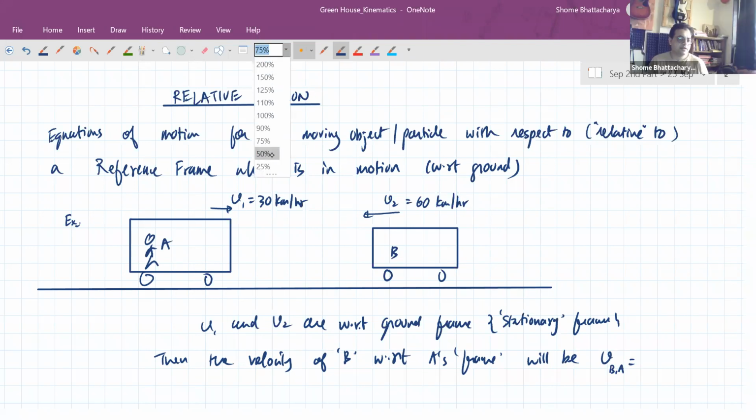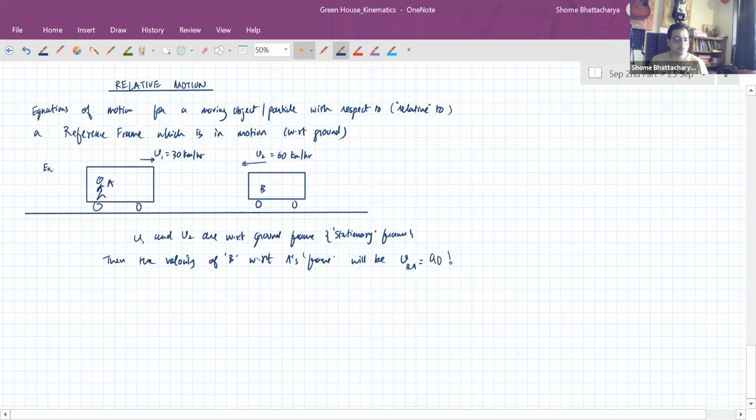It will look like 90 kilometers per hour towards him. So when we write the notation like this, we mean of B relative to A or with respect to A. When we write B comma A, we mean the relative speed of B with respect to A, and that appears to be 90 kilometers per hour.